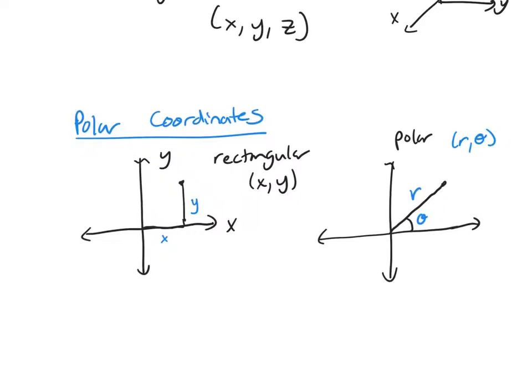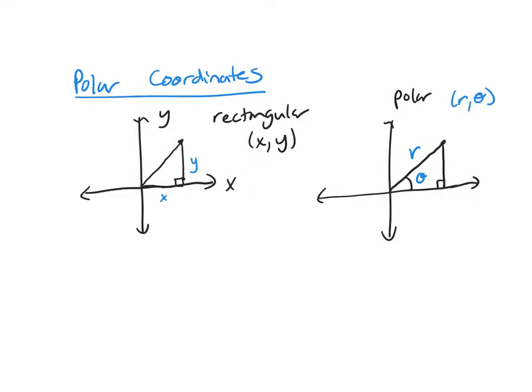And we can use our trig. If I drop down here, form a right triangle, I can now relate x and y to r and theta in the following way.